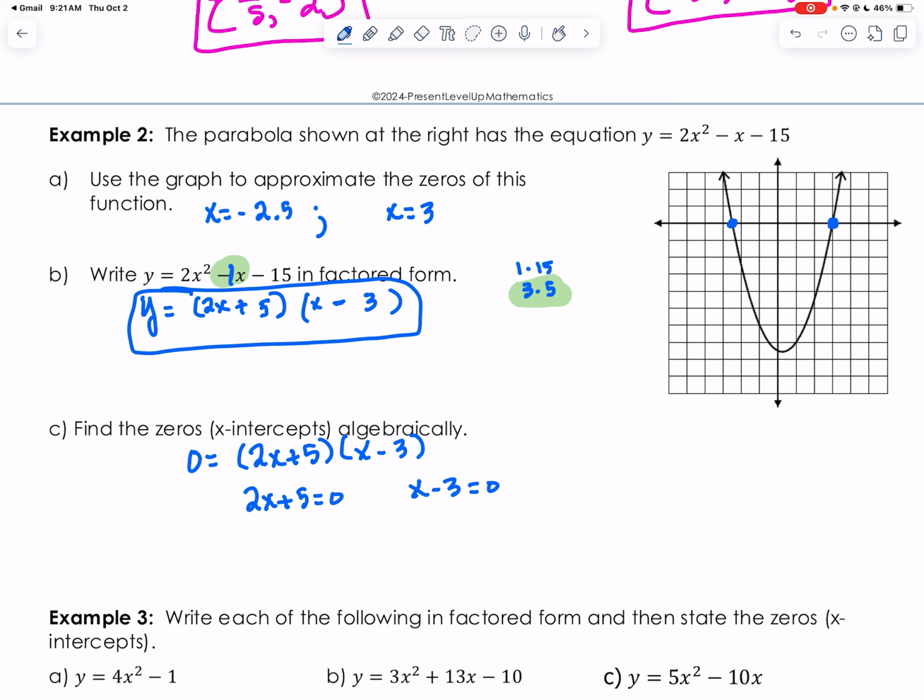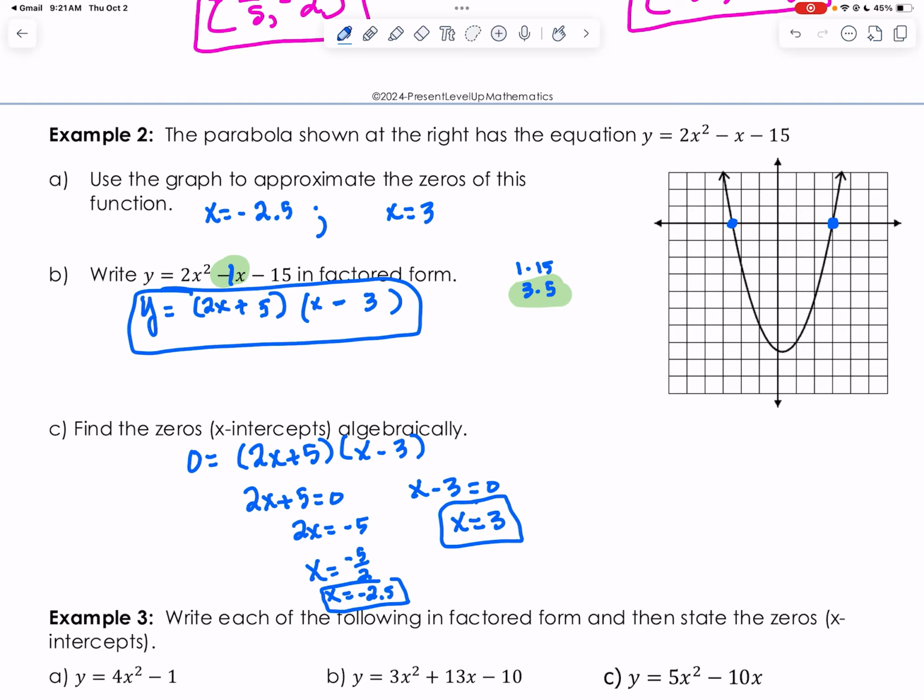So here I would subtract 5 and then divide by 2. So -5/2. Now, when you write that in decimal form, you get -2.5. For our other 0, add 3 and x equals 3.